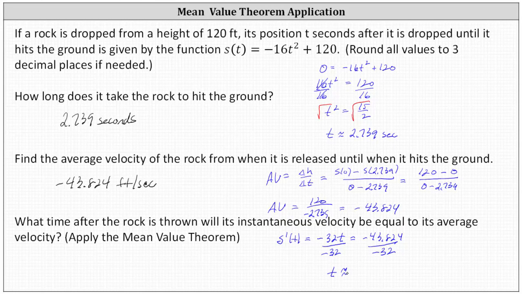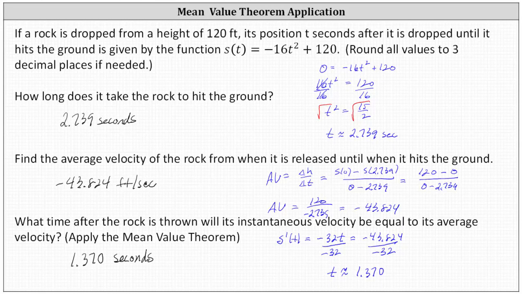Again, rounded to 3 decimal places, 1.370. To answer the question, what time after the rock is thrown will its instantaneous velocity be equal to its average velocity? After 1.370 seconds.